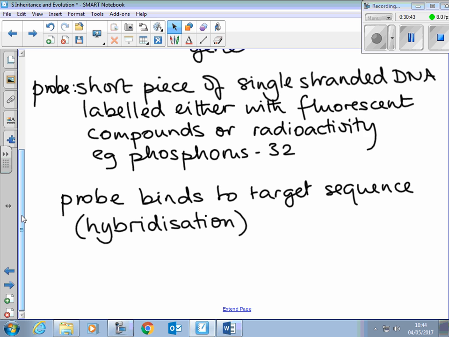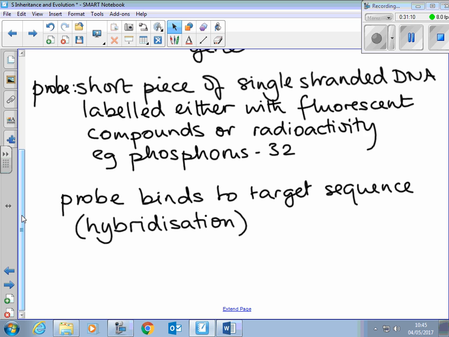Oh no, they're not the tagged ones yet. You treat the filter to open the cells that are on there, denaturing the DNA, that's separating the two strands, breaking the hydrogen bonds. And you then end up with your single strand of DNA that will then stick to the filter. Then you add the DNA probe, I think, at that point.